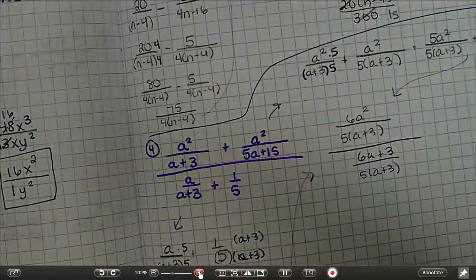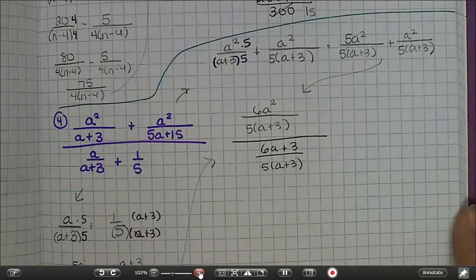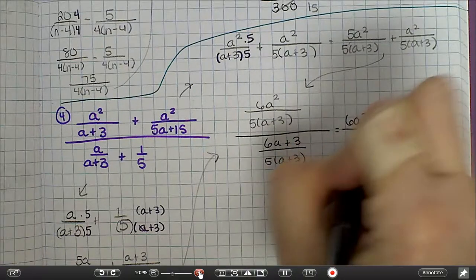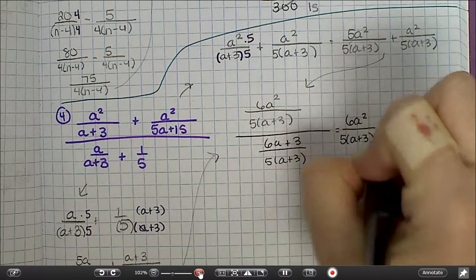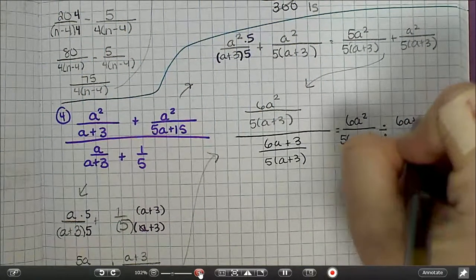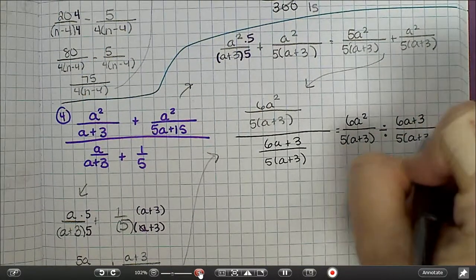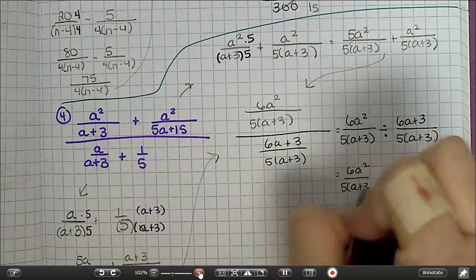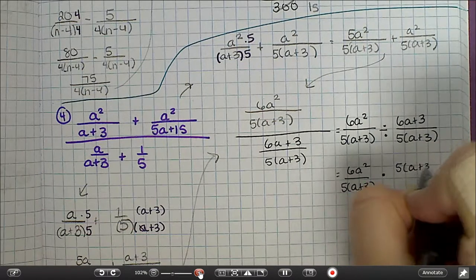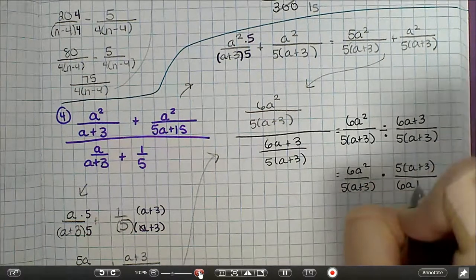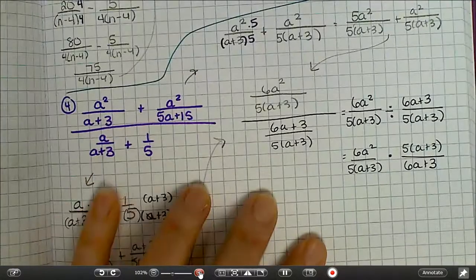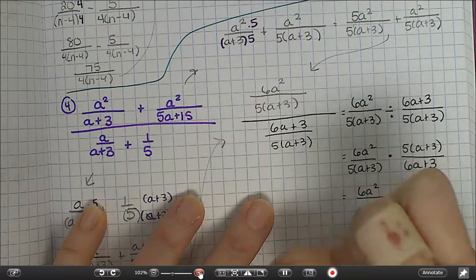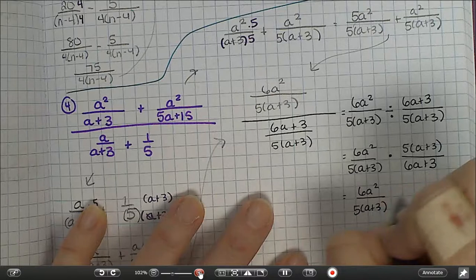All right, that part is a little bit confusing sometimes, so if you don't follow what I did, please let me know. We're going to rewrite this now as a division problem. And now as multiplication by keeping the first the same and flipping the second. All right, I'm going to go ahead and factor the bottom of this one.